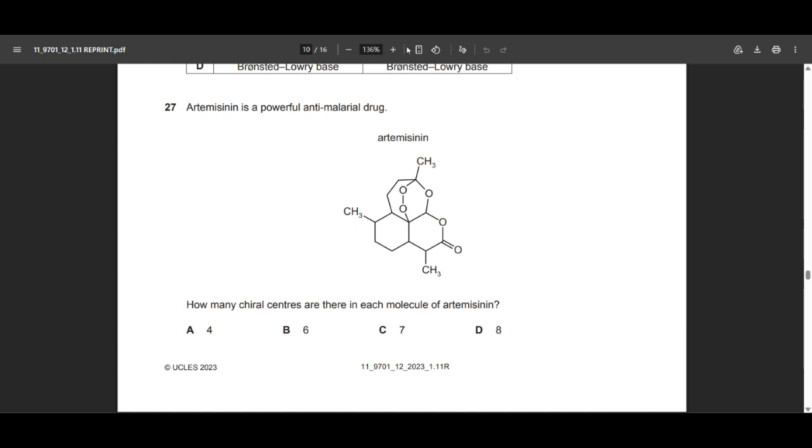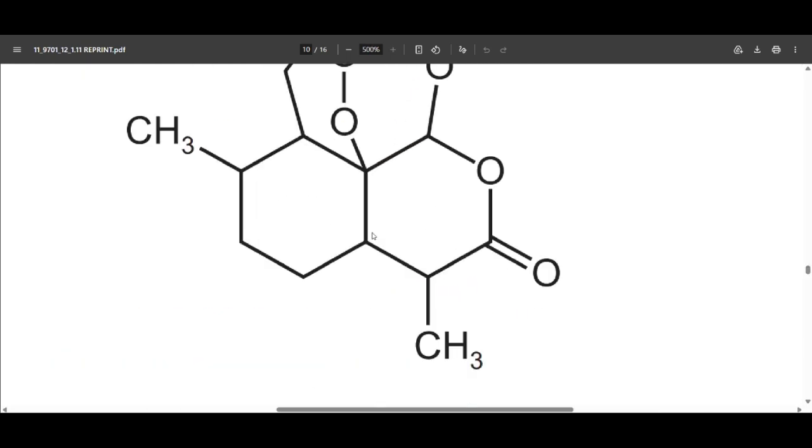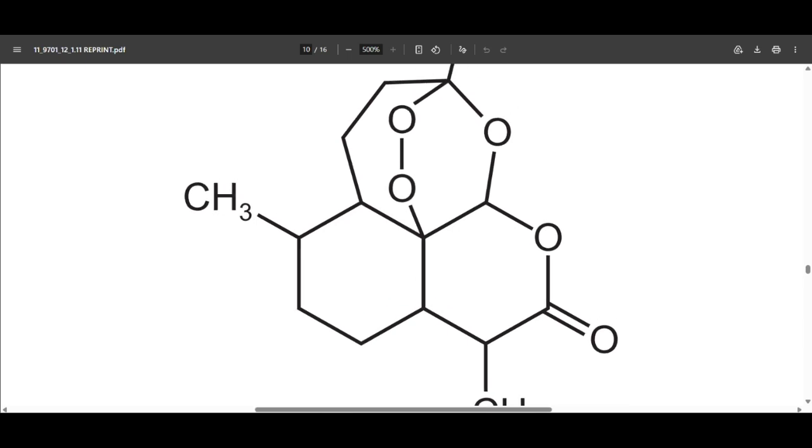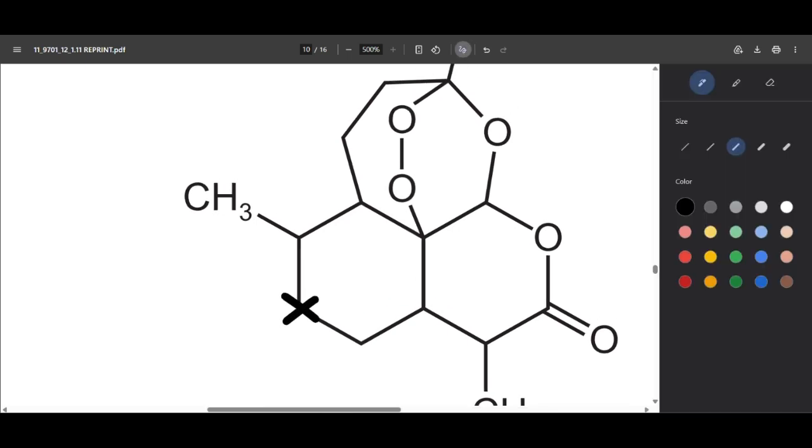To the next question. Artemisinin is a powerful anti-malarial drug. This is the artemisinin shown here. And the question is how many chiral centers are there in each molecule of artemisinin? A chiral center is bonded with 4 different groups. So there's none in here, none here, not in here, and also not in here.